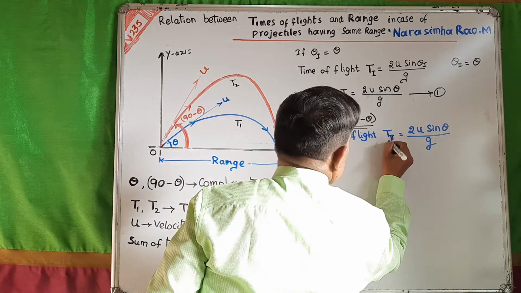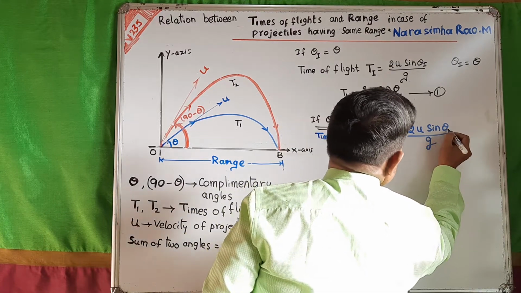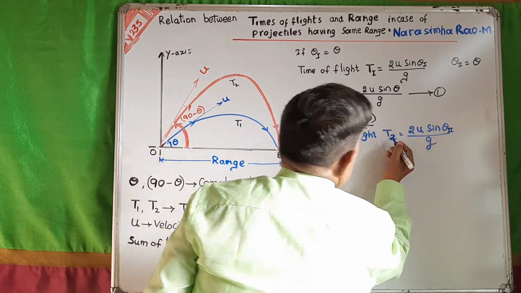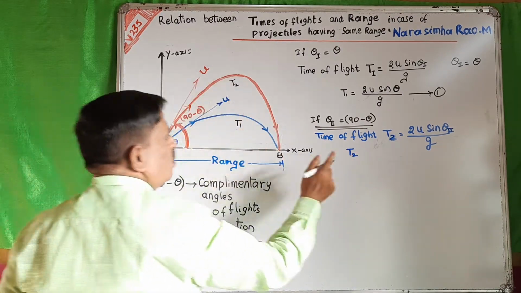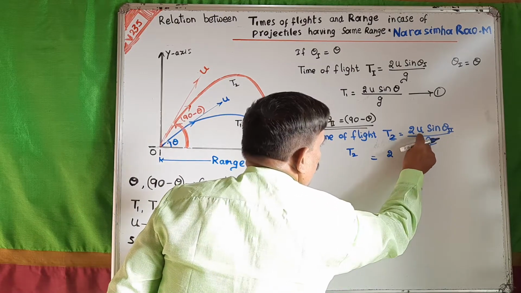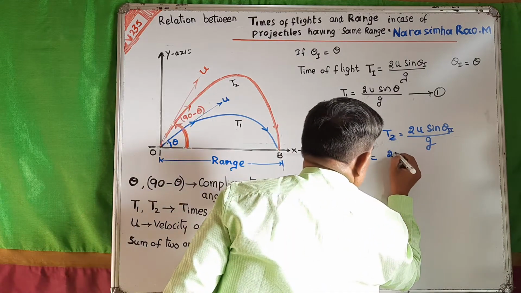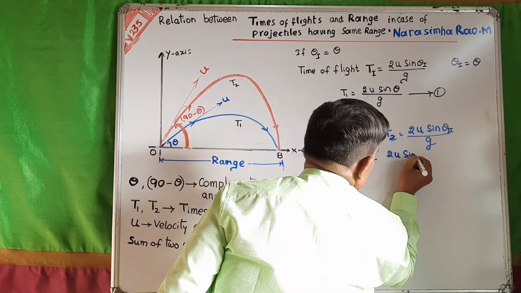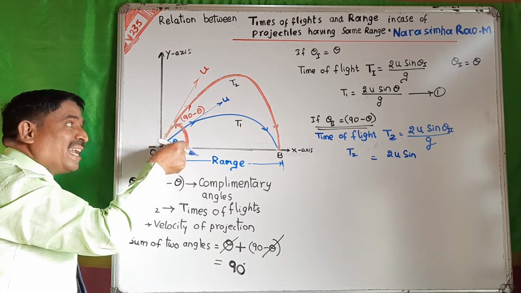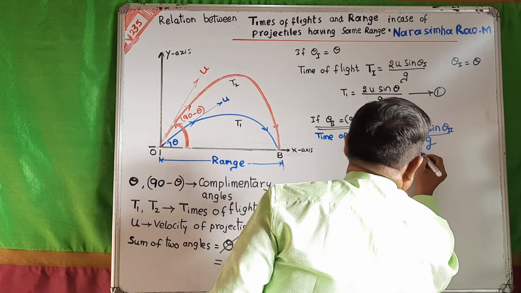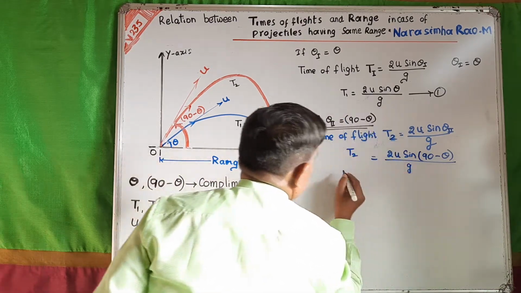Second time of flight I am taking as t2. Now this is theta 2. Now time of flight t2, the second time this total time is t2, is equal to 2u sin theta 2 by g, where u means velocity of projection. Second time angle of projection is 90 minus theta.